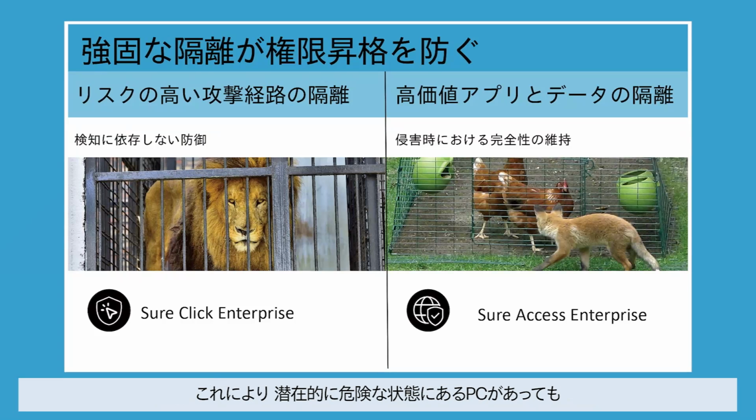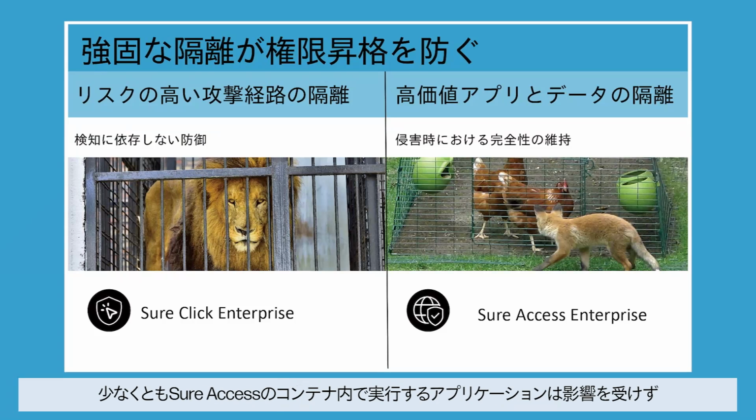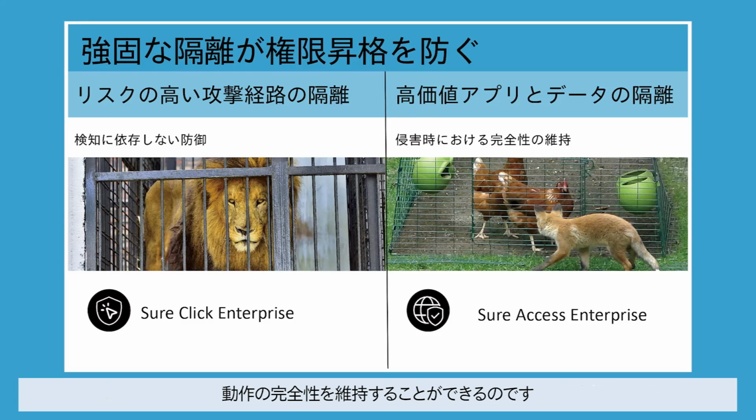And what this allows us to do is, if you have a PC that is in a potentially compromised state, at least the applications that we run inside the SureAccess container cannot be affected, and they maintain operational integrity.